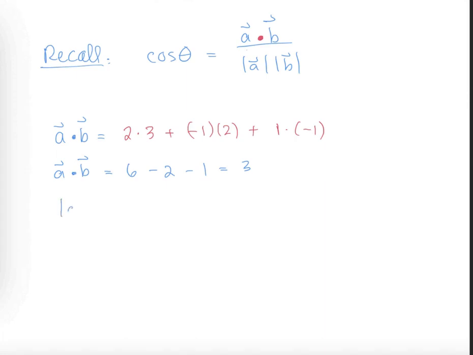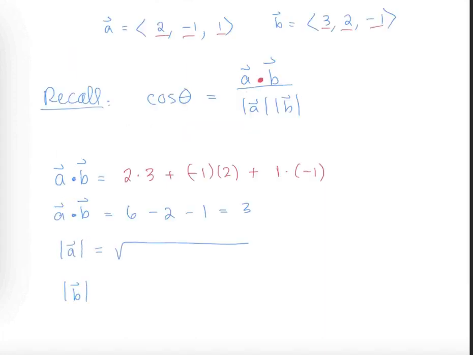Now we need to also find the magnitude of A and the magnitude of B. The magnitude formula is that we are going to take the square root of the components squared and add them together. So for mag A, we get the square root of 4 plus 1 again, which is the square root of 6.